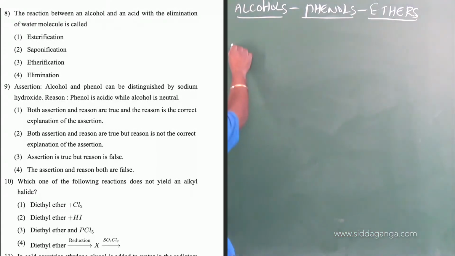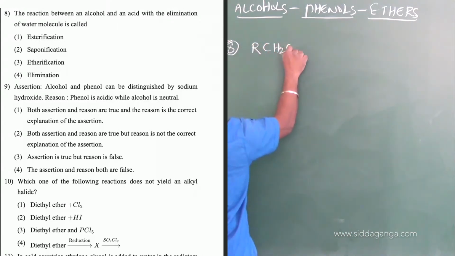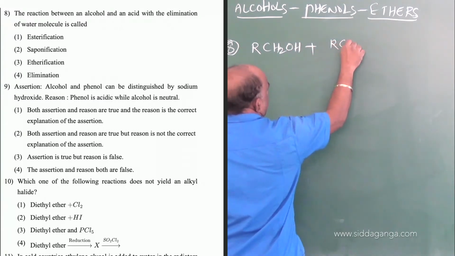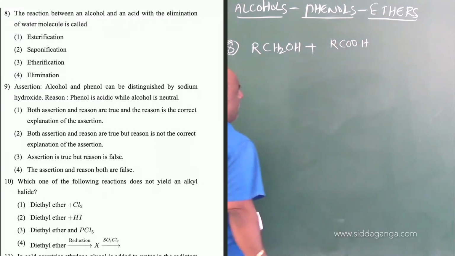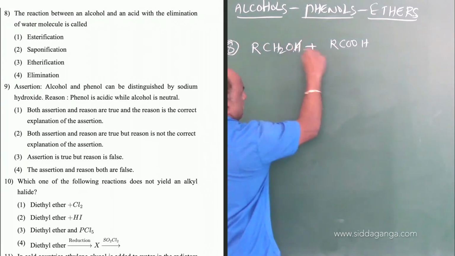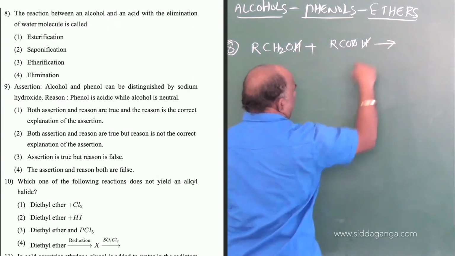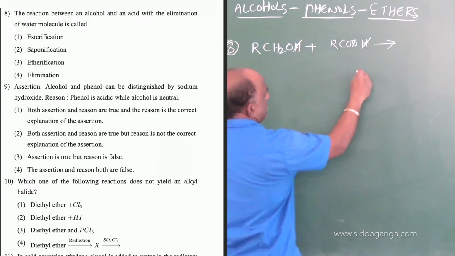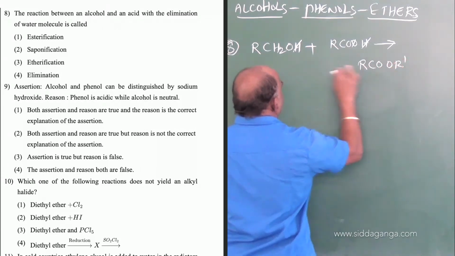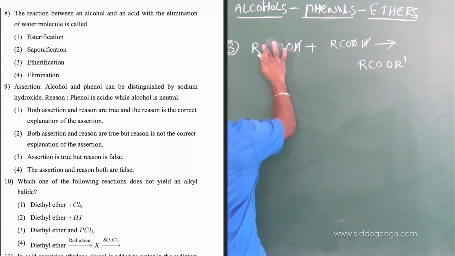See this, question number 8. Consider the alcohol as RCH2OH and the acid as RCOOH. Eliminate water, H and OH. Then the answer is RCOOR'.